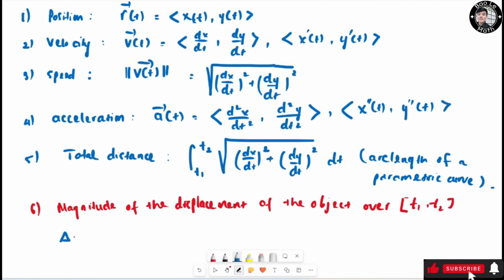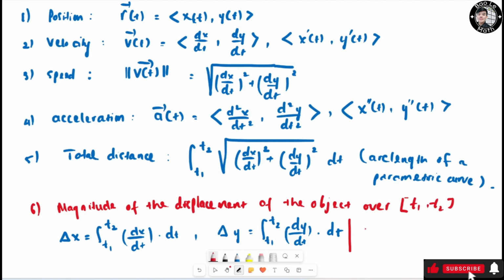We need to calculate delta x equals the integral from t1 to t2 of dx over dt times dt. Delta y is the integral from t1 to t2 of dy over dt times dt. And the displacement magnitude is the absolute value of delta r, which equals the square root of delta x squared plus delta y squared.